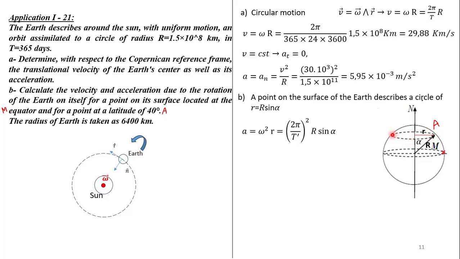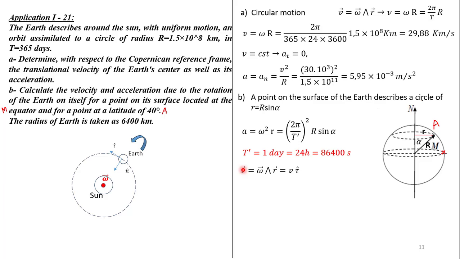The radius of the circle is equal to the distance from the axis to point A. So small r is equal to capital R sine alpha, because sine alpha is equal to the opposite side, small r, over capital R. Alpha can change depending on the location of the point. T prime here is 1 day, 24 hours.